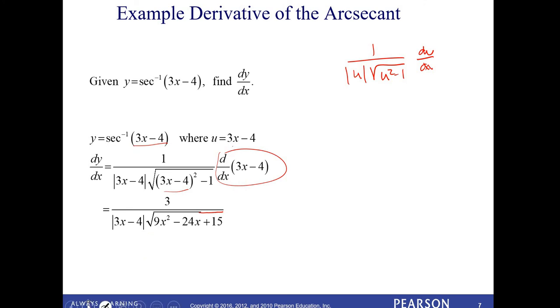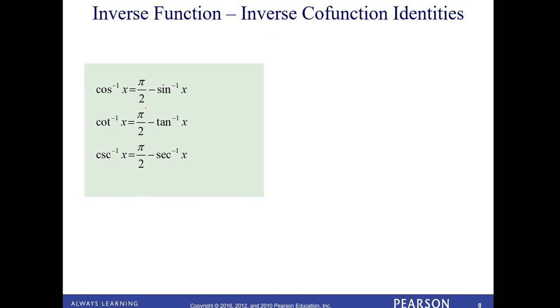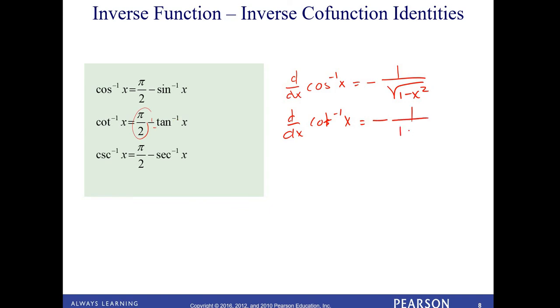Few other inverse functions using our cofunction identities. Cos inverse of x is pi over 2 minus sine inverse of x. What that does when we take the derivative of cos inverse x, pi over 2 goes to 0, so we end up with the negative derivative of sine inverse. So that was our sine inverse. d dx of cotan inverse x will become again the opposite of our tan inverse equation.